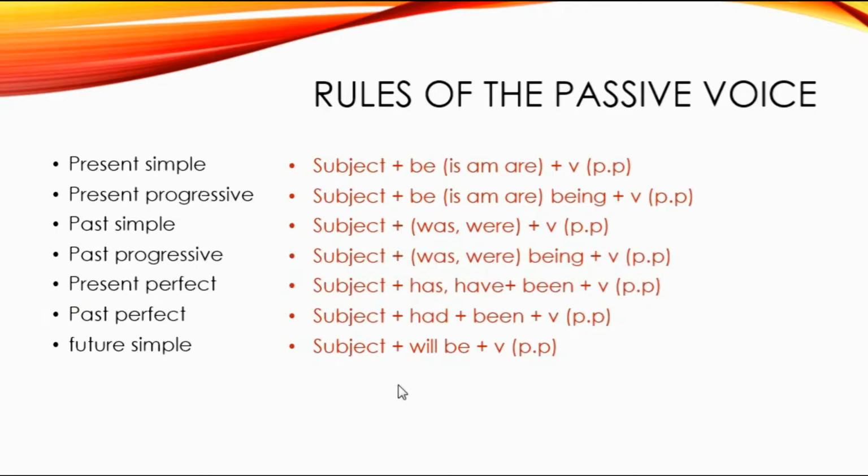Alright, so let's go into some rules and how it works. You've already been exposed to present simple, present progressive, or present continuous, past simple, past continuous, present perfect, past perfect, future simple. You've been exposed to all of this, and you know the rules. But now I'll give you the rules for the passive voice.